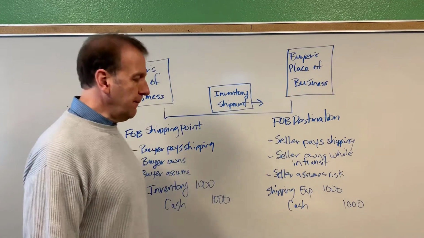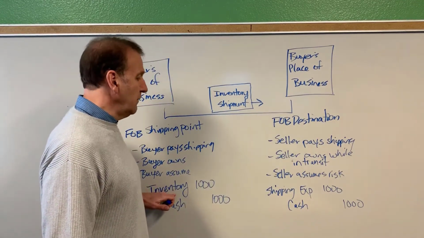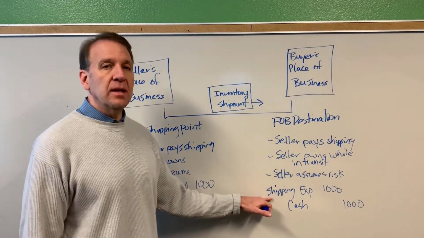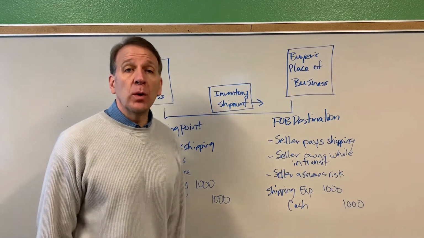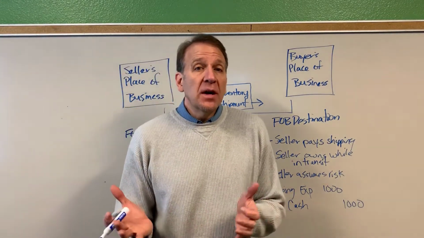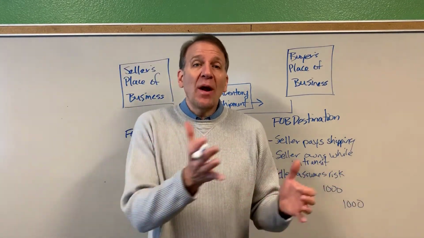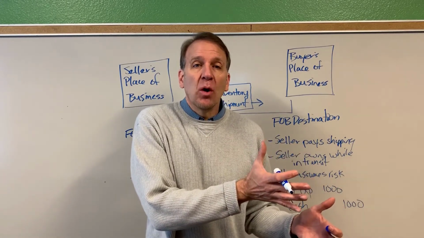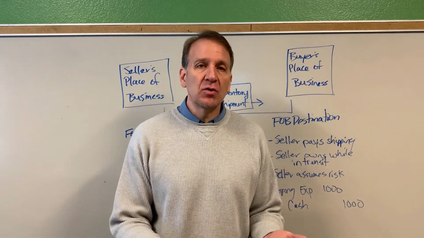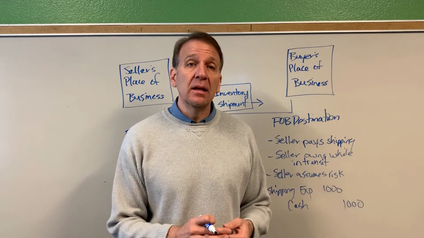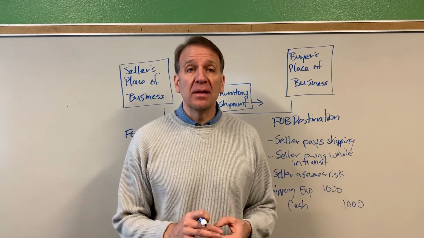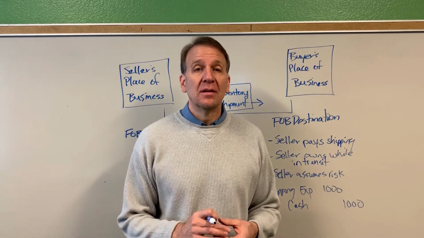So notice the difference here. Over here, we debited inventory. Over here, we're debiting shipping expense. The reason being is because they're selling this inventory. They don't have the inventory on their books anymore. So they're not going to attach it to the inventory. They're going to just immediately expense that shipping expense for $1,000.